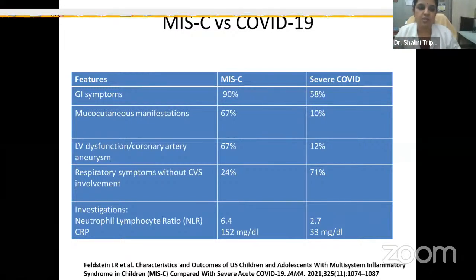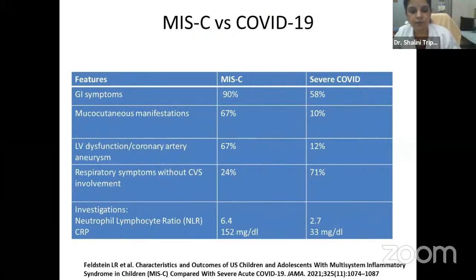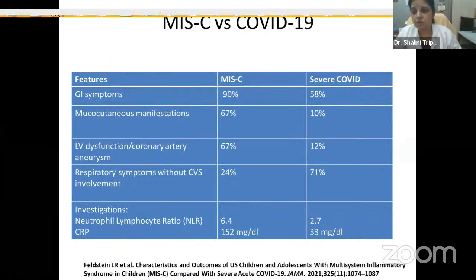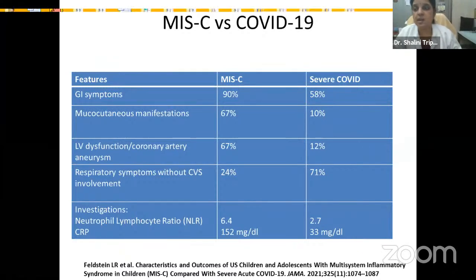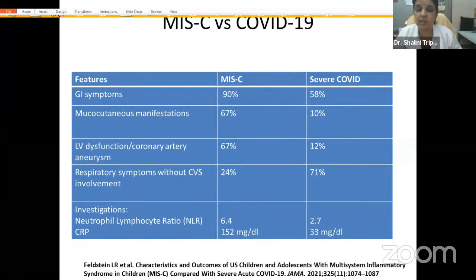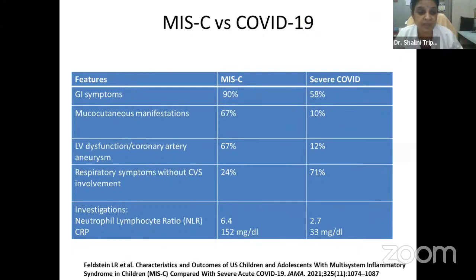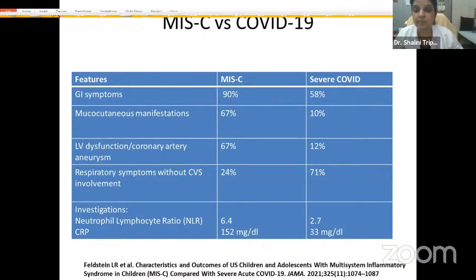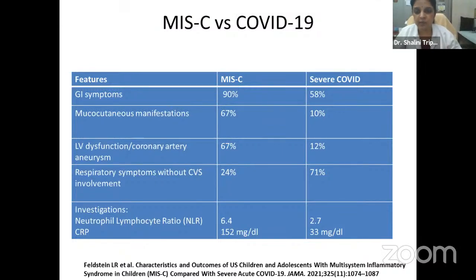In the investigations, the neutrophil-lymphocyte ratio was higher in patients with MIS-C compared to severe COVID, and CRP levels were, of course, as we expect, because the whole pathogenesis of MIS-C lies in the inflammation, the cytokine storm. So the level was much higher, around 152 compared to 33 in patients with severe COVID.